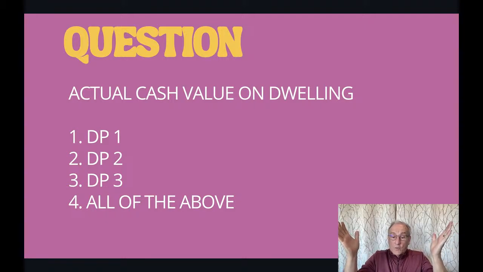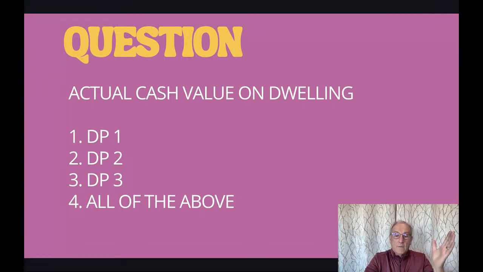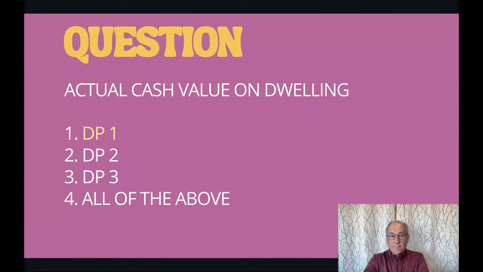Actual cash value on the dwelling? 5, 4, 3, 2, 1. Only the DP1. The 2, 3, and all our homeowners are going to be replacement cost. Only the dwelling policy 1 is actual cash value.